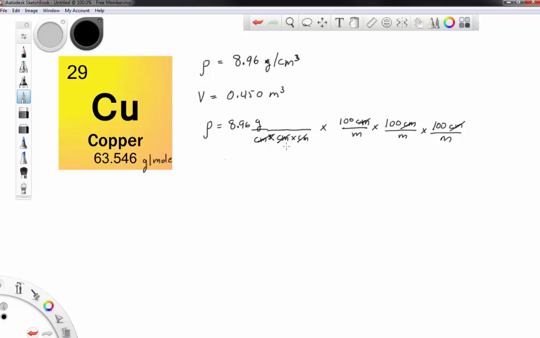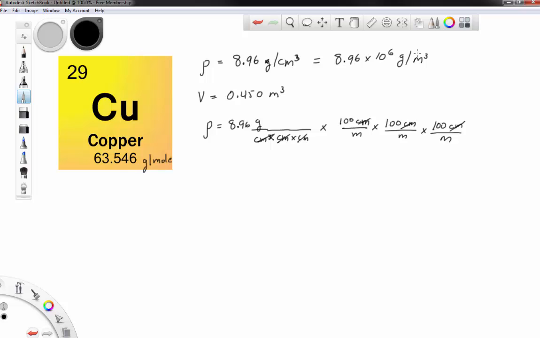So we can just write that out as that the density of copper is therefore 8.96 times 10 to the 6th grams per cubic meter.